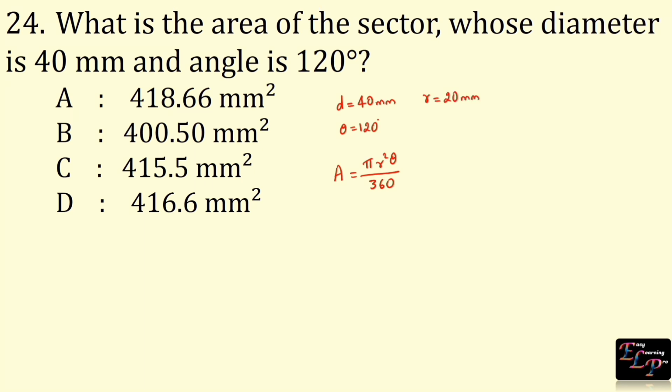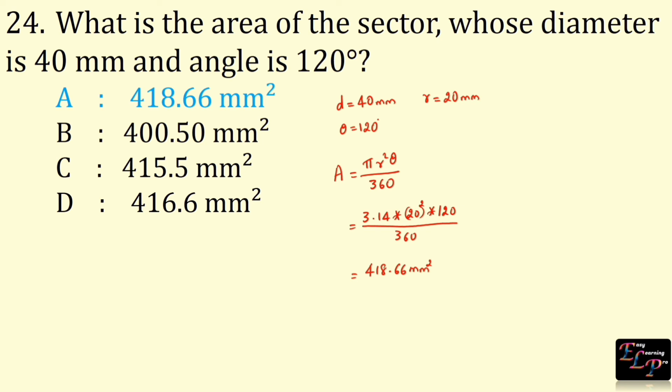Now substitute the values. Pi is 3.14 into radius 20, so 20 square into angle 120 divided by 360. It is equal to 418.66 mm square. So the answer is option A, 418.66 mm square.